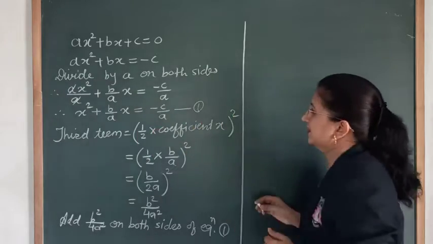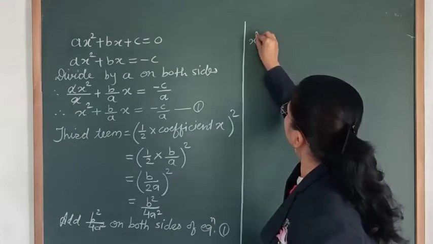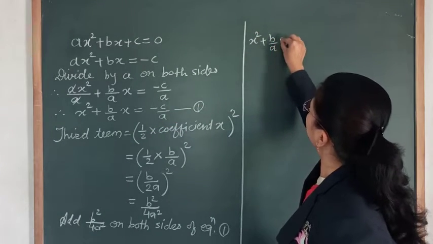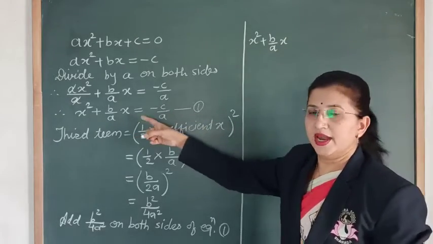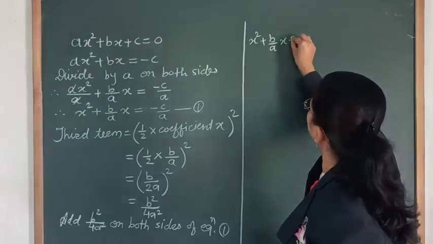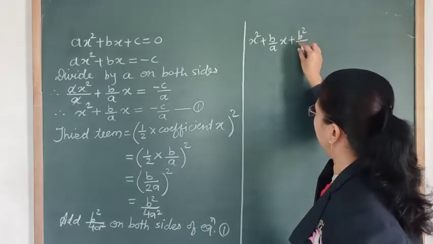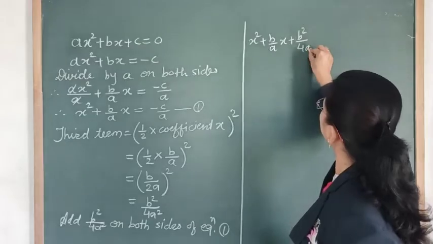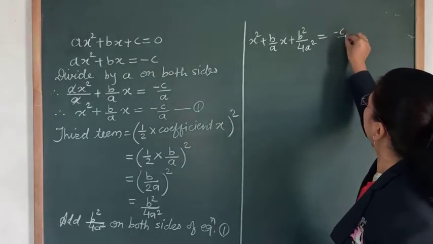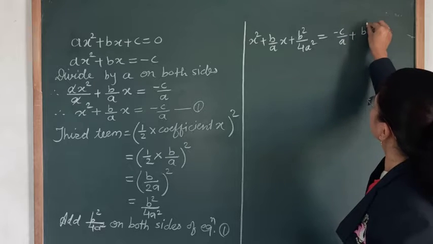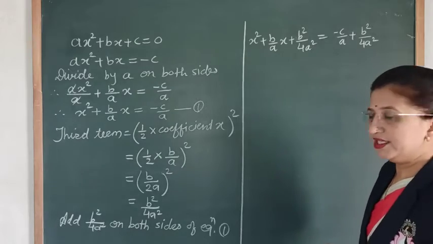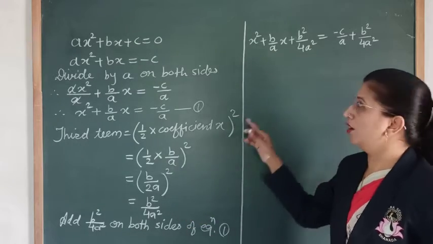So our equation first is x square plus b upon a x, and we have to add this third term, that is b square upon 4a square, is equal to negative c upon a plus b square upon 4a square. So in this way we added this third term on both sides.